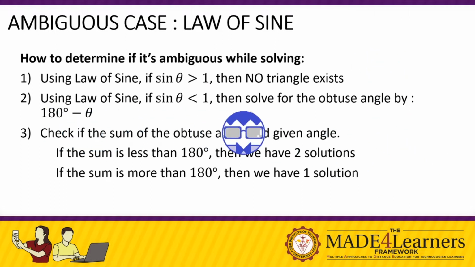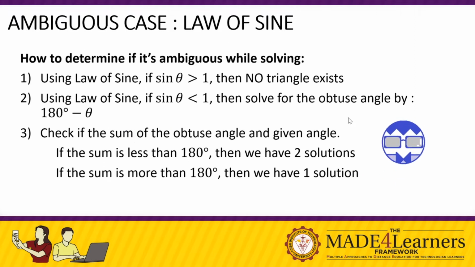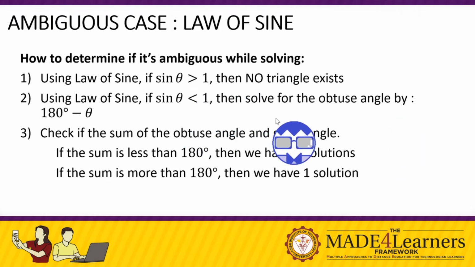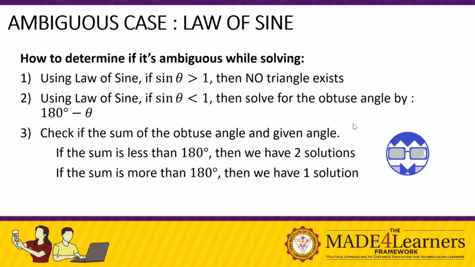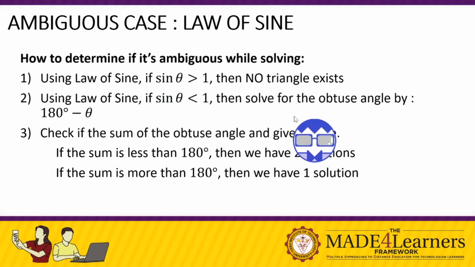Number two, if you're using law of sines again, and the value is less than 1, it's possible that there is an obtuse version of this angle theta. So how to check? You subtract theta from 180 degrees, so you have two angles: your theta and your 180 minus theta.